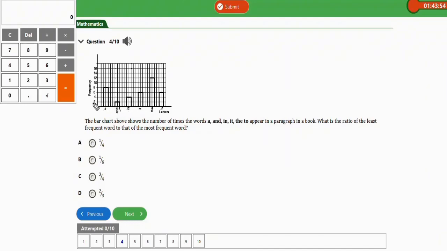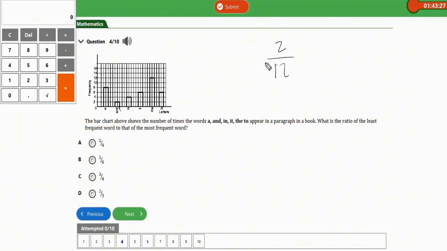When you trace it, its frequency is 2. We are asked for the ratio of the least frequent word to the most frequent word, so this gives us 2 over the frequency of the most frequent word, which is 'day'. When you trace it, the frequency of 'day' is 12.